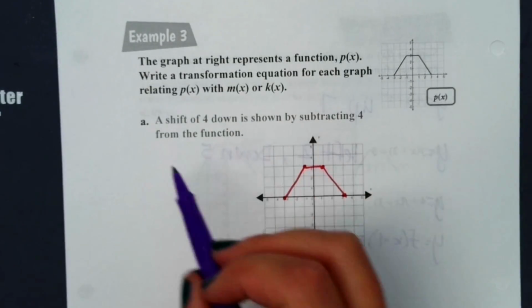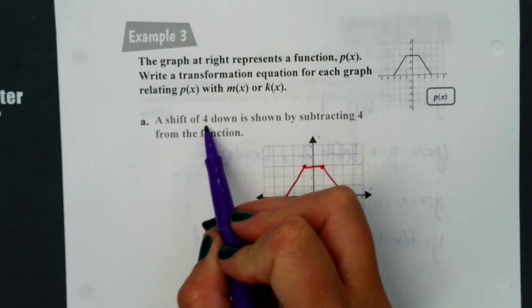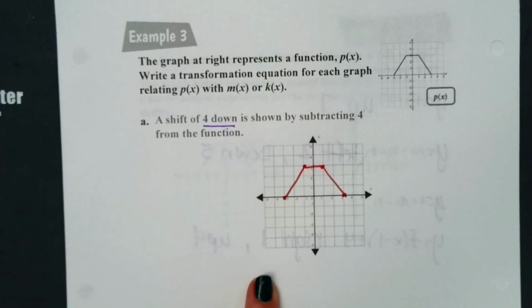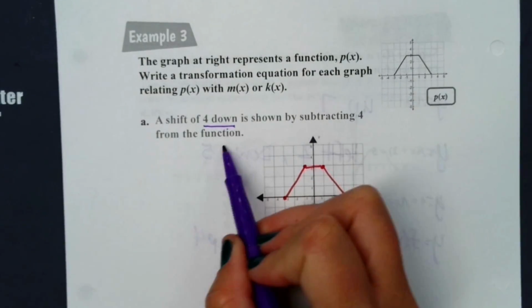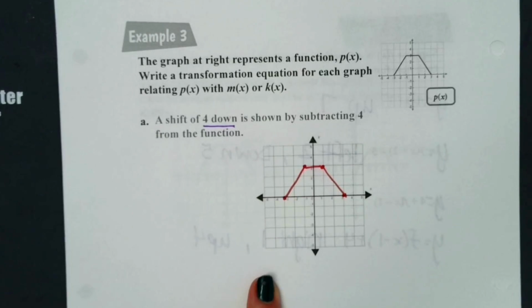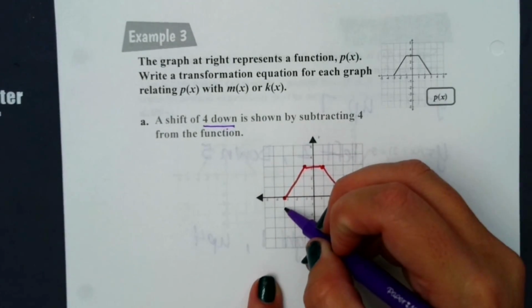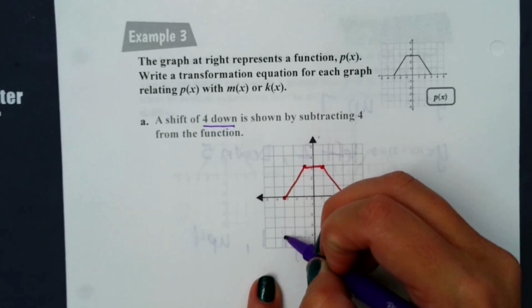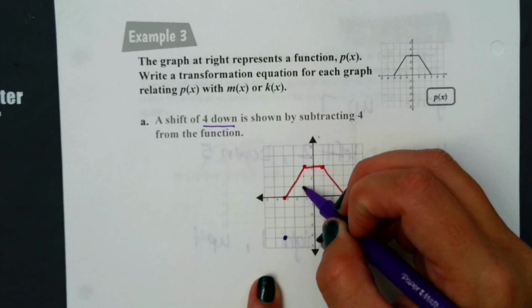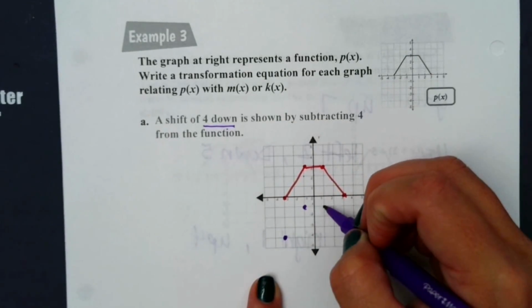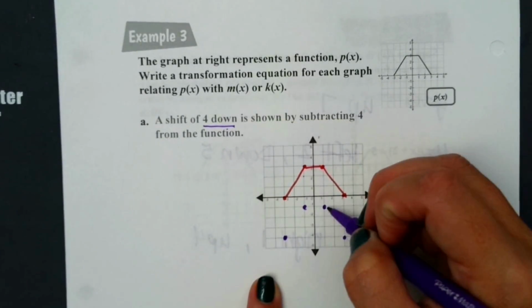Okay, so it says I'm going to shift it down 4 by subtracting 4 from the function. So all I'm doing is moving it down 4. So 1, 2, 3, 4. 1, 2, 3, 4.